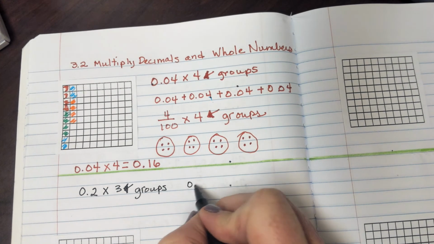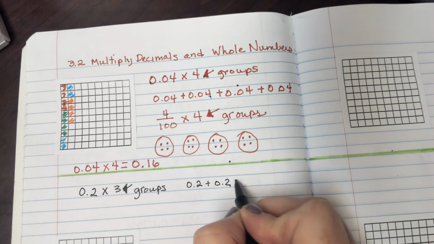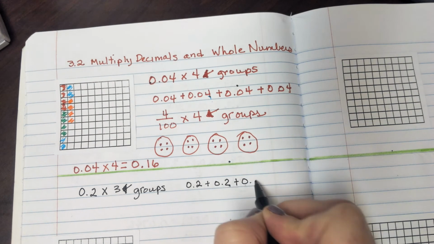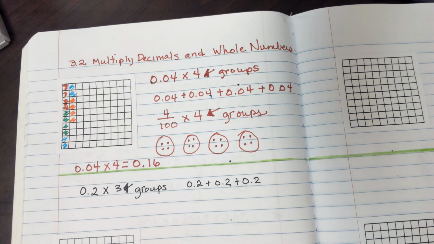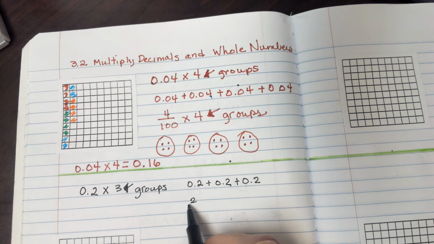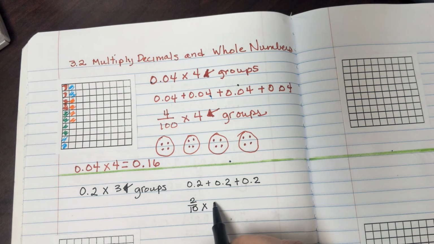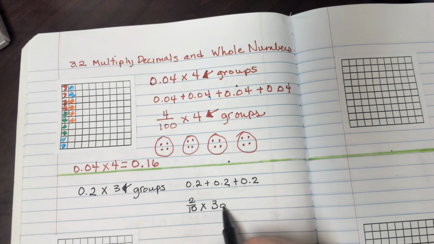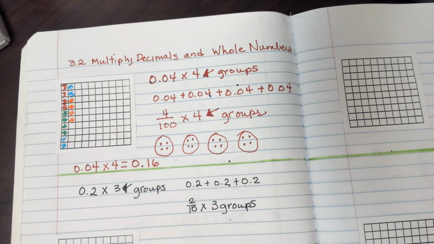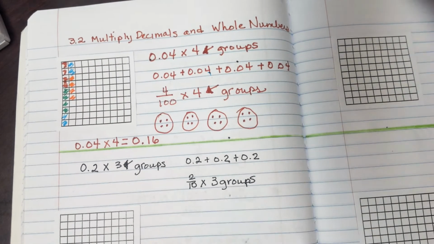We did 0 and 2/10 plus 0 and 2/10 plus 0 and 2/10. Okay, but we've gotten a lot better since then. Another way I can model that would be 2/10 times 3 groups.